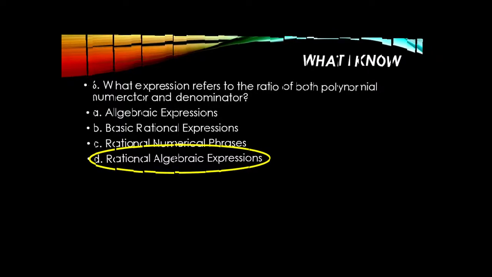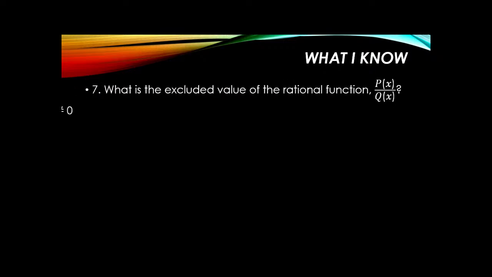Okay, number 7. What is the excluded value of the rational function p of x over q of x? A. Q of x is not equal to 0. B. Q of x is equal to 0.